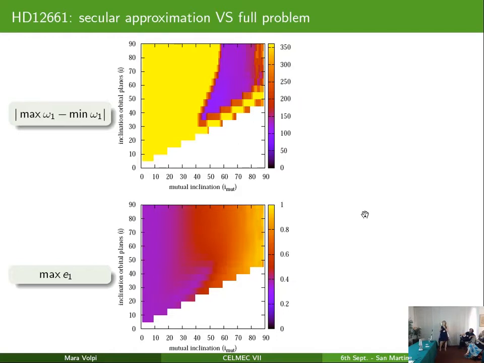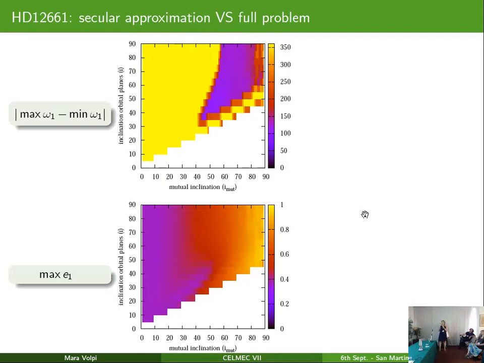planet. As we said, in the Laplace plane, the presence of the Lidov-Kozai resonance is indicated by the libration of this angle. And therefore, we see that in the yellow part is where the angle circulates, sorry, and in the purple ones is where the angle librates. On the bottom, we plotted the maximal value assumed by the eccentricity of the inner planet.